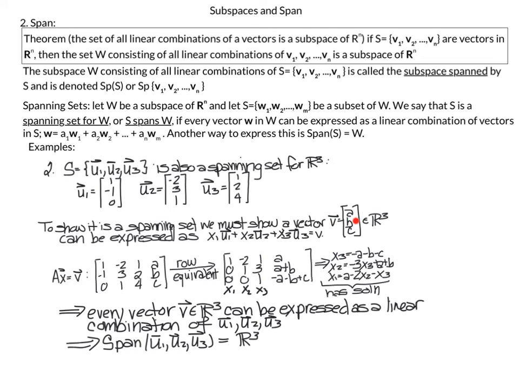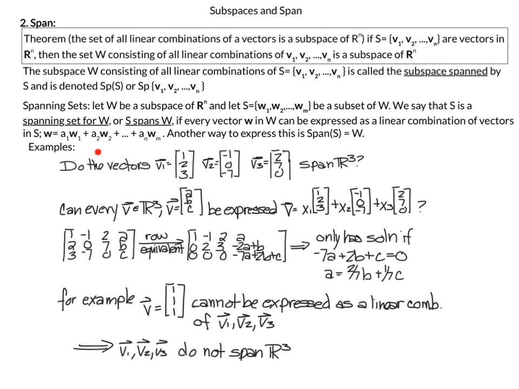We solved it for any vector a, b, and c, but let's just say our vector is 1, 2, 3, then once we have our vector v, we can figure out what these coefficients x1, x2, and x3 must be in order to write a, b, c as a linear combination of these three vectors. So we can say now that the span of U1, U2, U3 is equal to R3. It spans the whole space of R3.